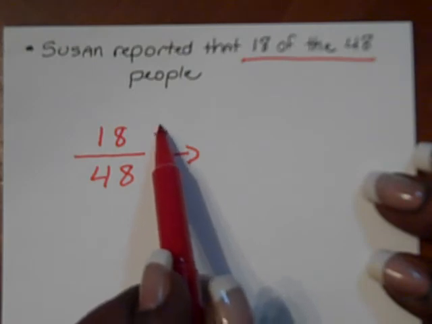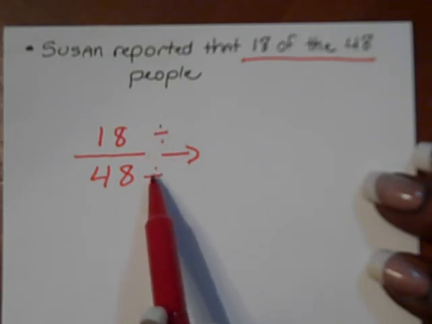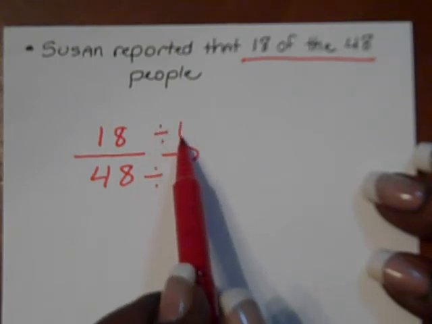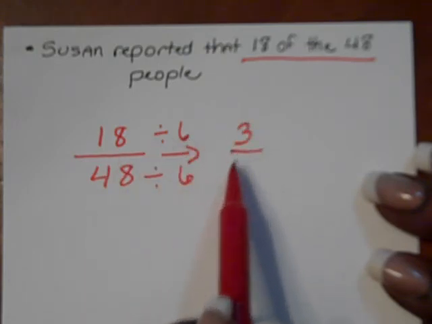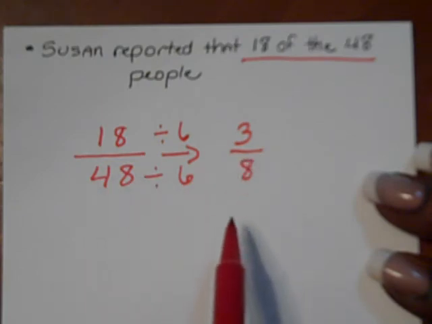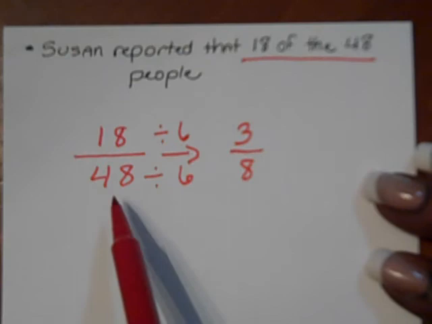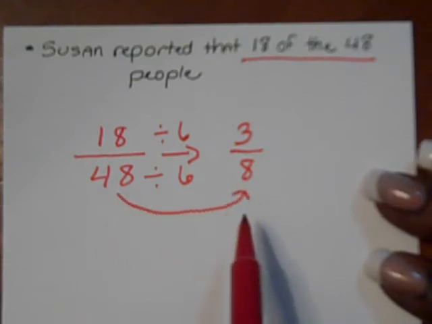A common number that goes into both of these would be 6. So if I did 18 divided by 6, my new numerator is now a 3. And 48 divided by 6 is 8. So 18 over 48, we've just reduced to 3/8.